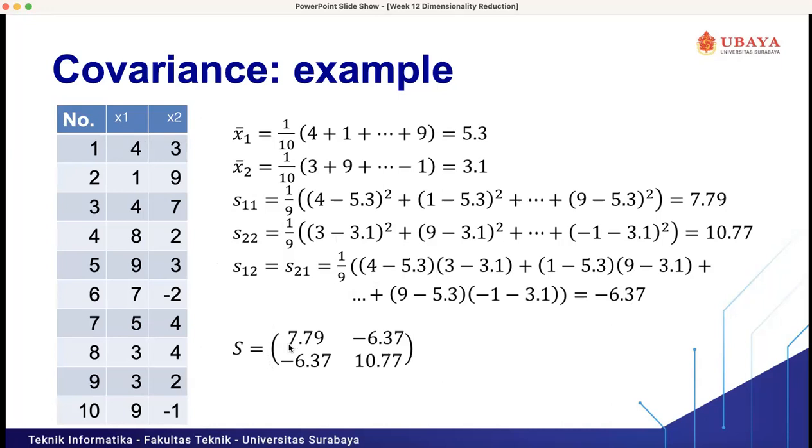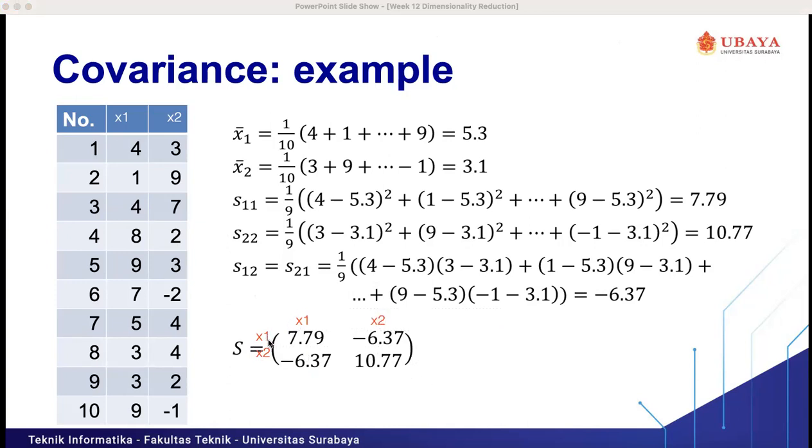So this is the covariance matrix for this data set. Minus 6.37 and minus 6.37 represent the covariance values for x1 and x2. So this is x1, x2, then this is also x1 and x2.